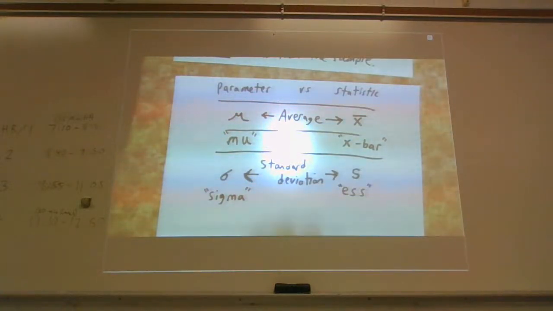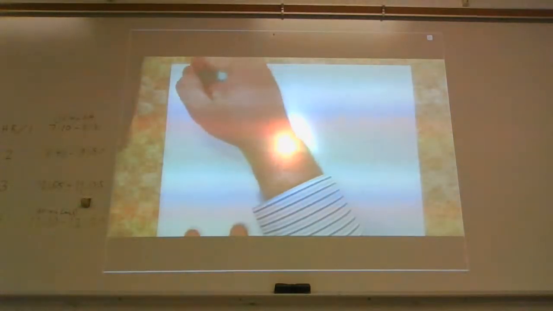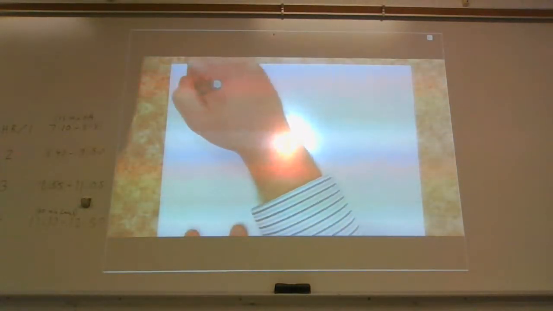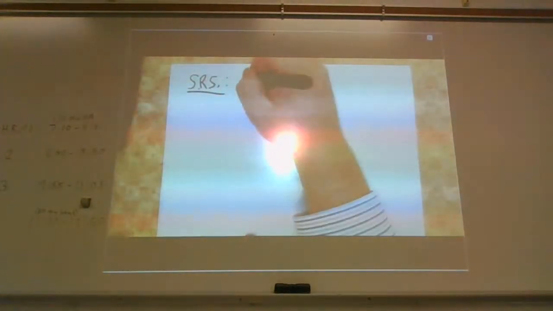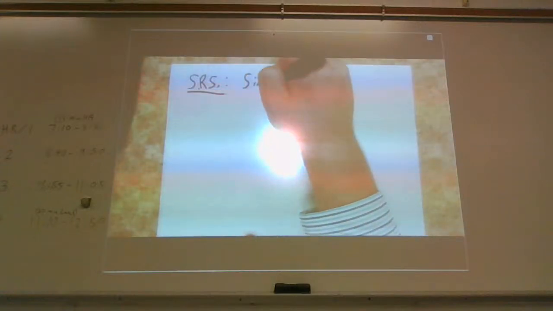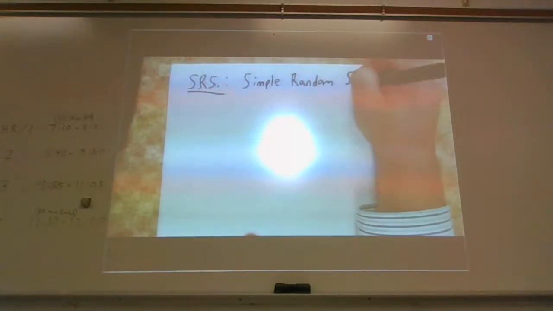Okay, let's talk about samples now. Because again, it's going to be a little notation heavy today. Let's talk about what is known as an SRS. Some of you may have read about this. An SRS is known as a simple random sample.